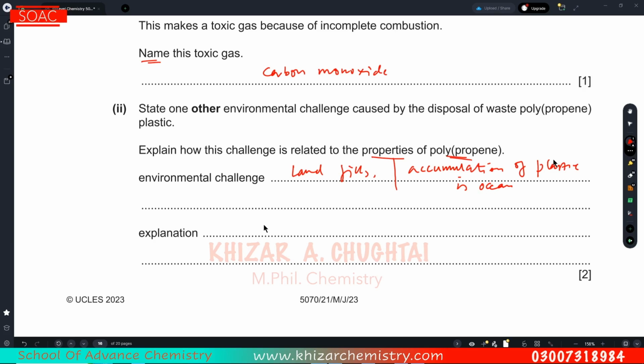Basically, these are chemically unreactive. They are insoluble in water and do not react with water, no physical or chemical reaction with water.